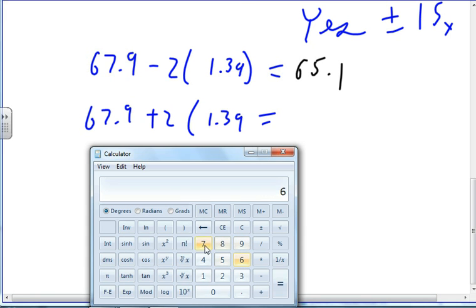All right, 67.9 minus 2 times 1.39. 65. Except I put a minus sign in instead of a plus sign. You idiot. 67.9 plus 2 times 1.39.